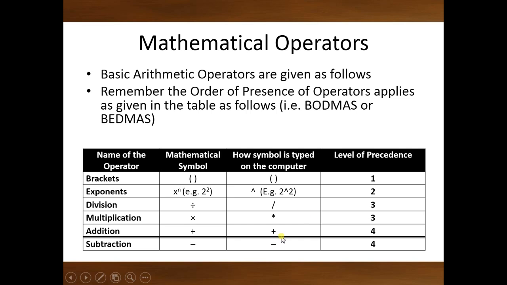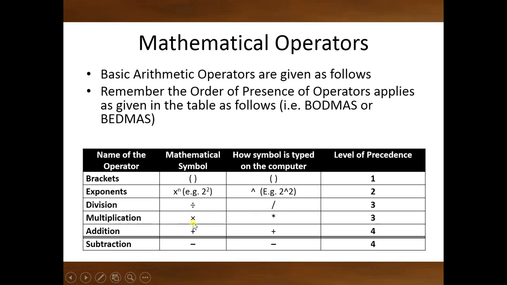Now the symbol in the computer for representing division as you see here is the /. We don't have any operator like this in computing. We use the / to represent the division symbol or sign.